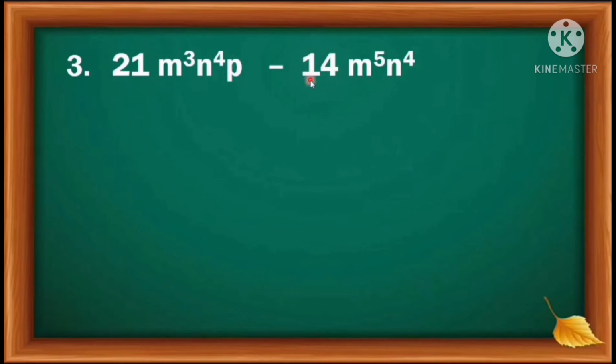What is the greatest common factor between 21 and 14? That is 7. Bakit 7? Because 21 can be divided by 7 and also 14 can be divided by 7. At yung 7, yung pinakamalaking number na pwedeng mag-divide kay 21 at kay 14 na ang magiging sagot ay hindi decimal kundi whole number pa din. So the GCF between 21 and 14 is 7.